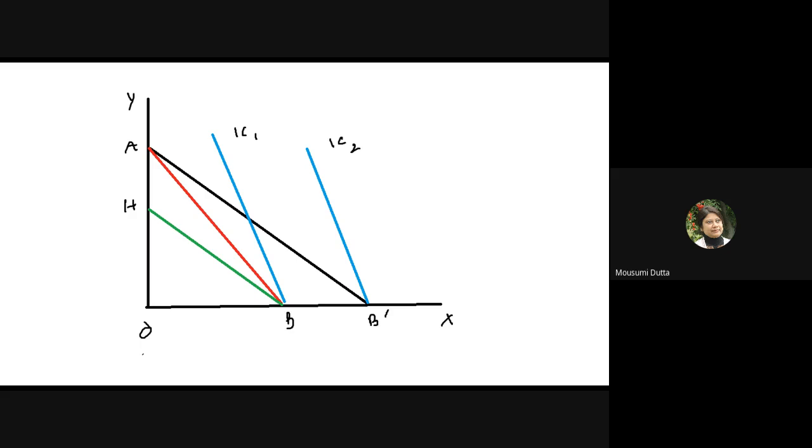If MUx by MUy is greater than Px by Py, only X is purchased.